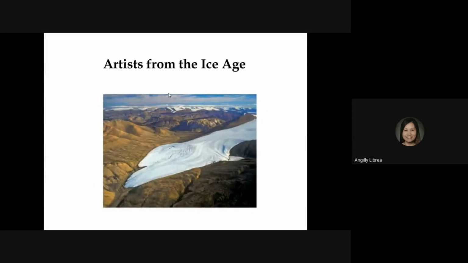Cave paintings in Europe, guys, were produced by hunter-gatherer communities in the latter stages of the Ice Age. When the paintings were first studied, it was assumed that the images simply reflected the everyday lives of these people. However, it soon became clear that many of these caves were not normally inhabited, and in addition, that the paintings were executed in places where they could not be seen.